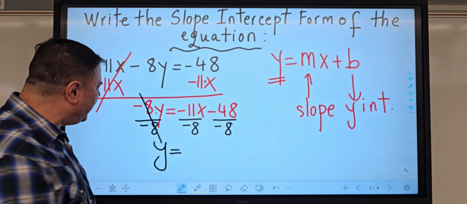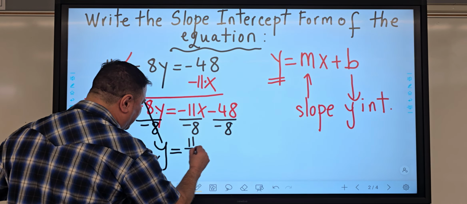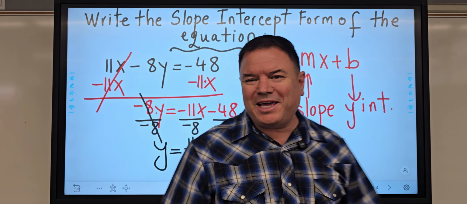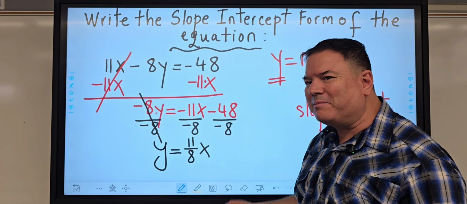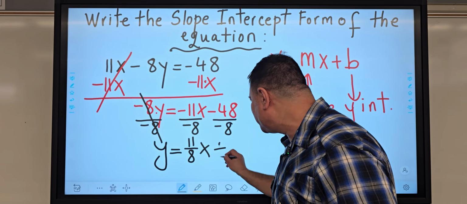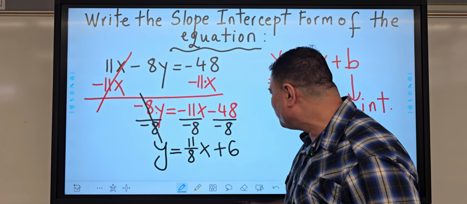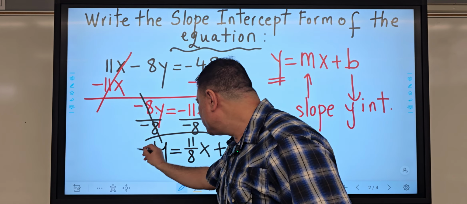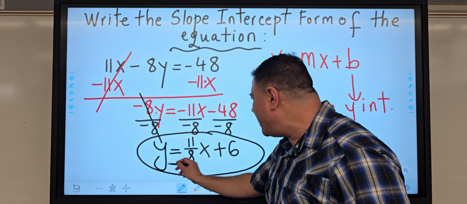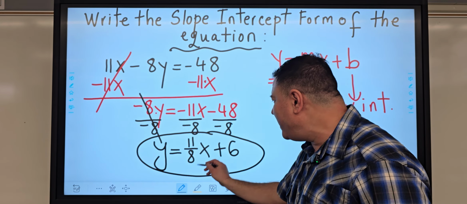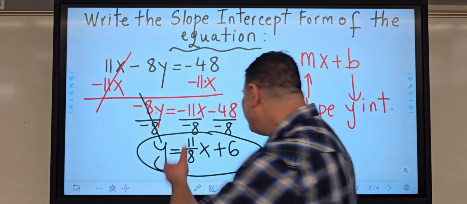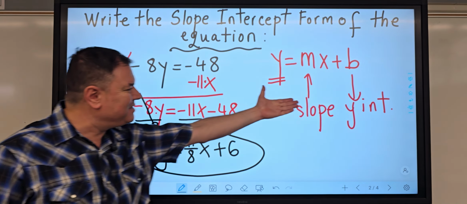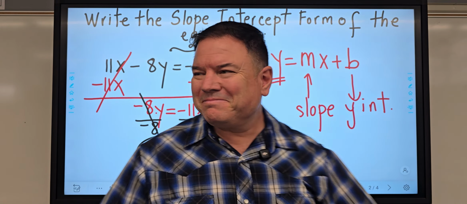Let's keep 11 over 8 because we cannot simplify that further, times x, and negative 48 divided by negative 8 becomes positive 6, because 6 times 8 is 48. So our answer is y equals 11 over 8x plus 6. 11 over 8 represents the slope, and 6 represents the y-intercept.